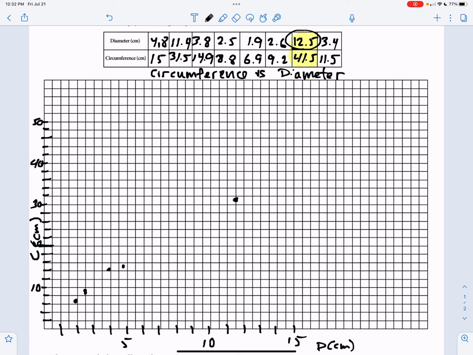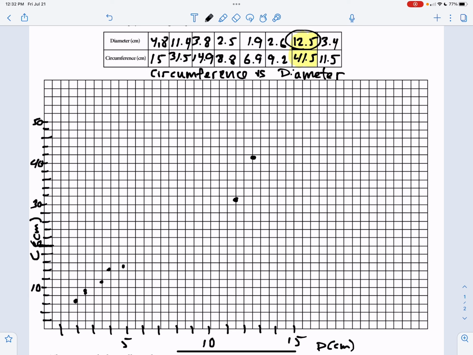So 12.5 here, 41.5. Well, that would be 42. 41.5 would be right below it. That's 41, sorry. 41.5 would be about right there. Okay, and then I'm gonna go 3.4, about 3.5 over, and 11.5 up. So that would put it right there.